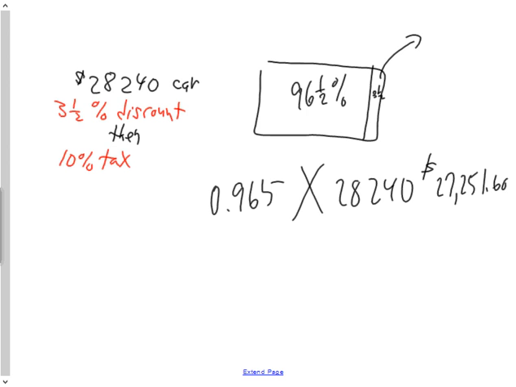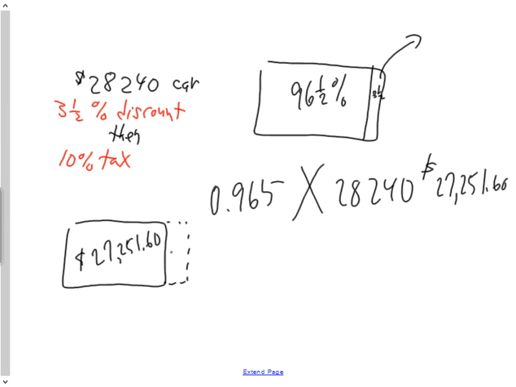But then, here's another rectangle. This is going to represent $27,251.60, 100% of the cost of the sale-priced car. And on to that, we have to tack on 10% for tax. So therefore, we're going to pay 110%. 100% is the sale price. 10% is the additional tax.